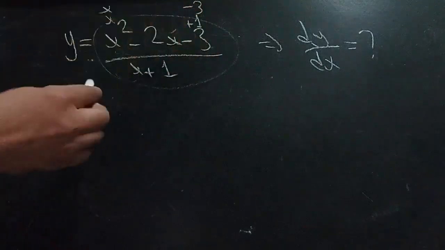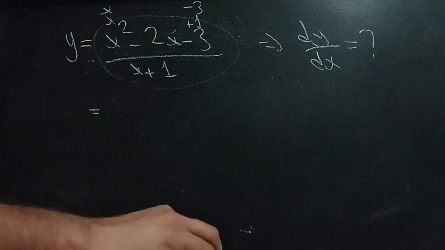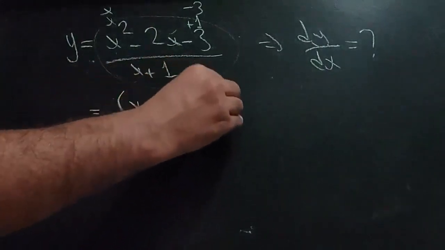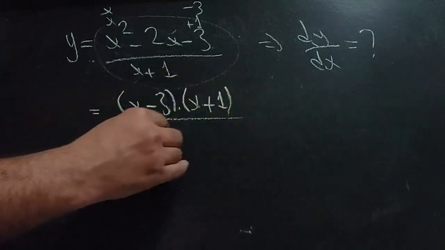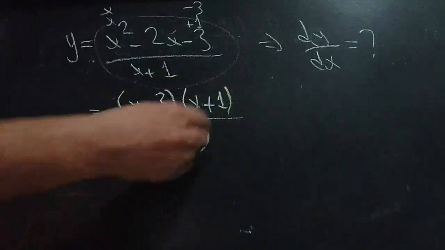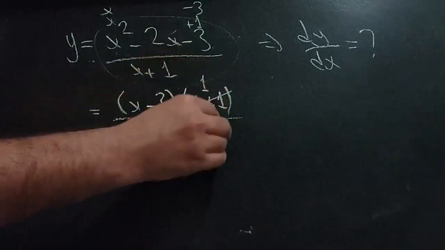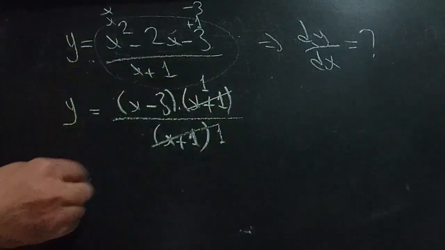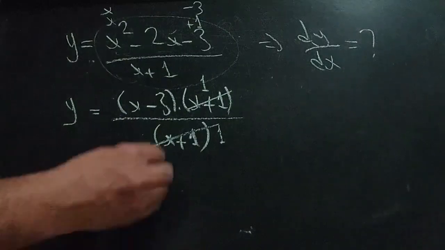So the top one is going to be x minus 3 times x plus 1. So you can simplify this and this to each other. So now y is going to be x minus 3.